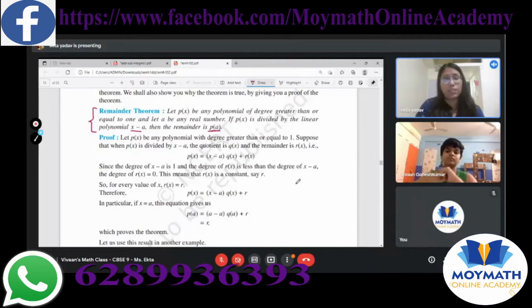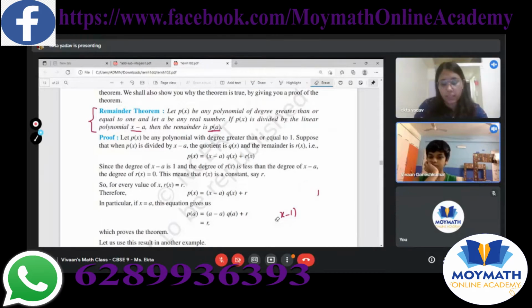Now, for example, let's say there is a polynomial x5 plus 1. Then, if you choose x minus 1. They are not doing it with an example, they are doing it in general.